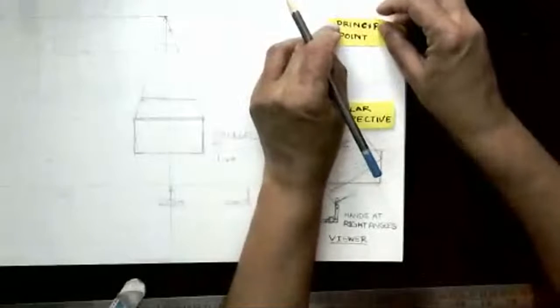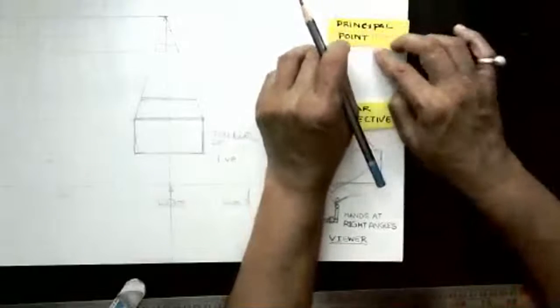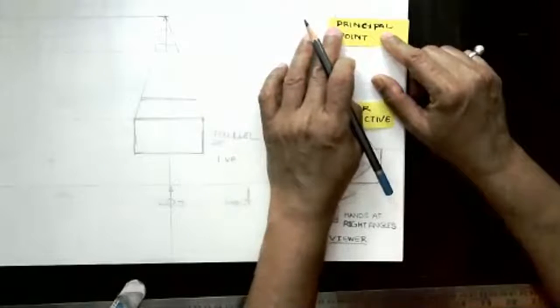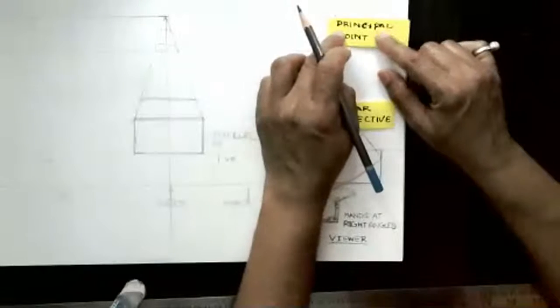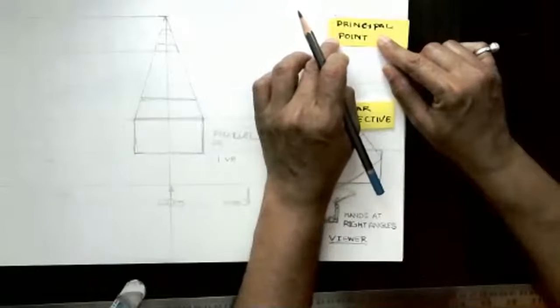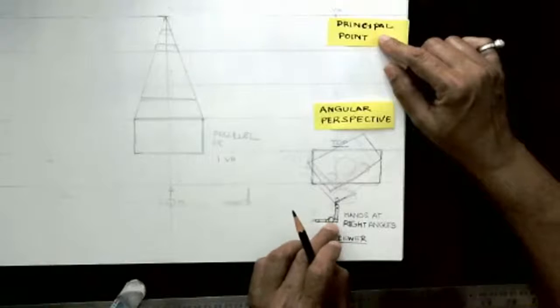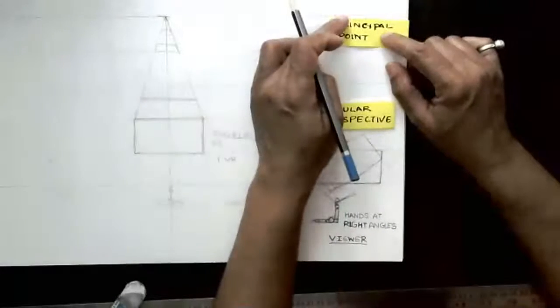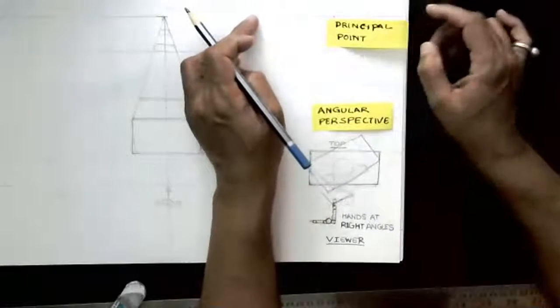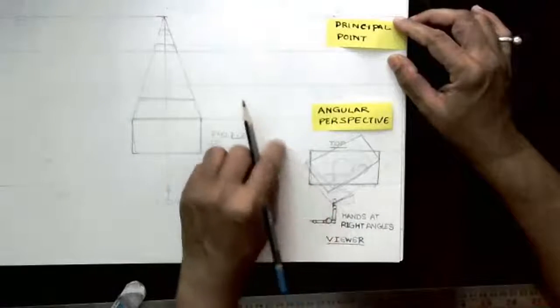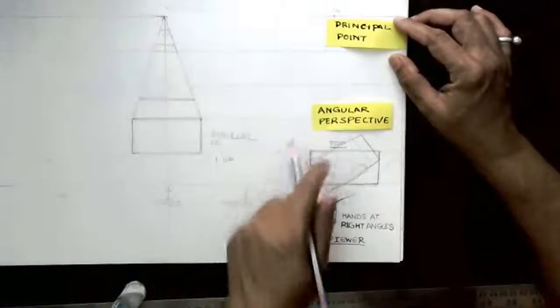In parallel perspective, it is the principal point as well as the vanishing point. But when we are drawing in angular perspective, you'll have a separate principal point and two separate vanishing points, which will be parallel to these lines when they are projected on the horizon.